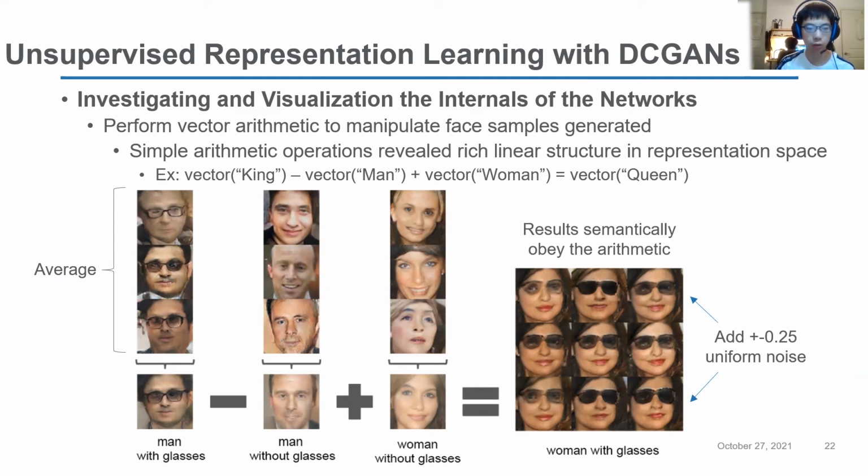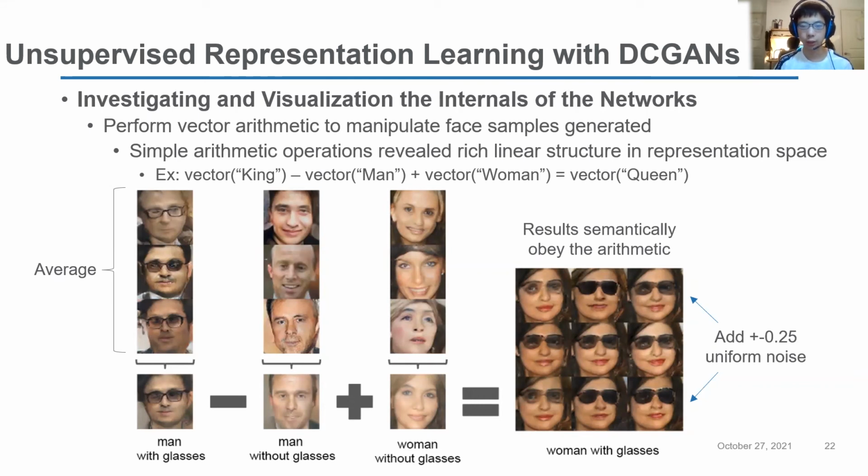Then they do the subtraction and addition, and finally they get a result of a woman with glasses. The center one is the result, and the surrounding 8 images are added with some uniform noise. So the result shows that it semantically obeys the arithmetic.